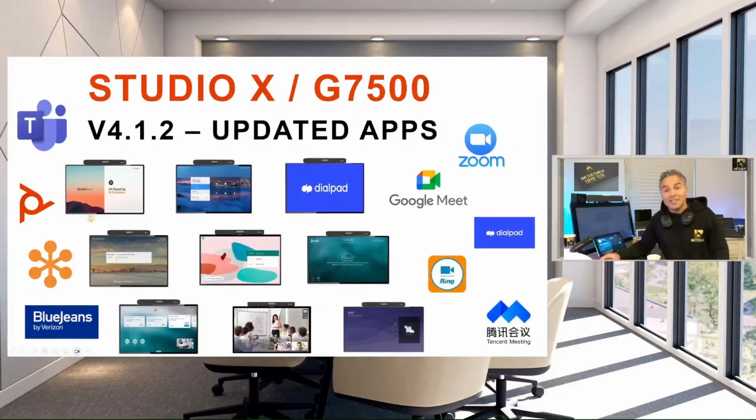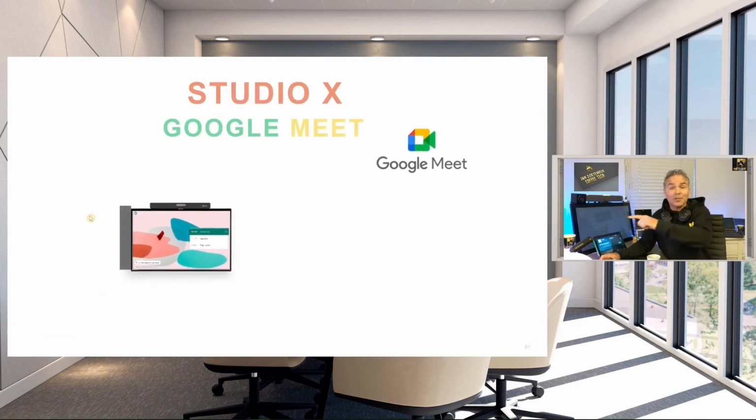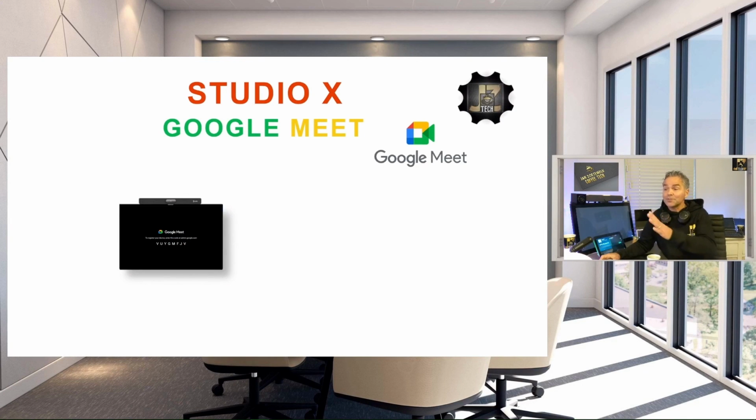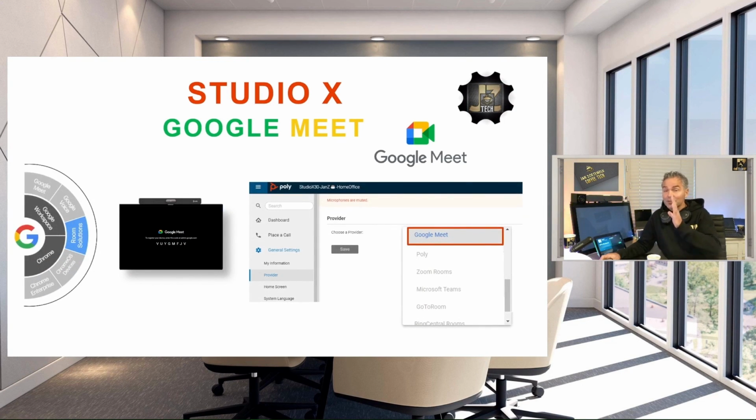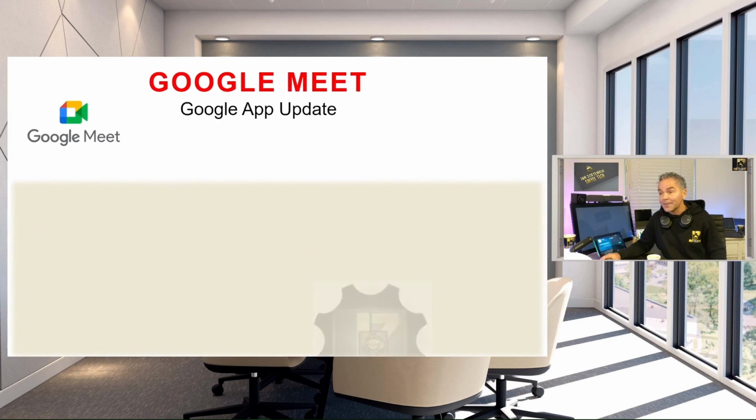Let's go to the next video application, and that is the Google Meet app. Because on the Google side, a lot of nice things are happening. So Studio X is natively running the Google Meet application, very unique. So you don't need to have any additional hardware or Chromebox. It's all built into the Studio X. Really nice.